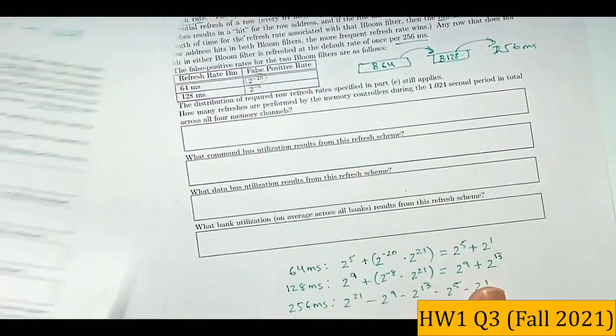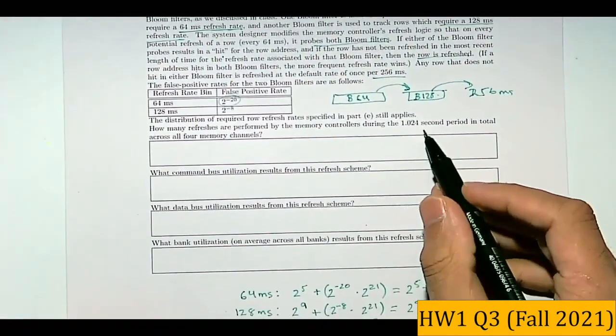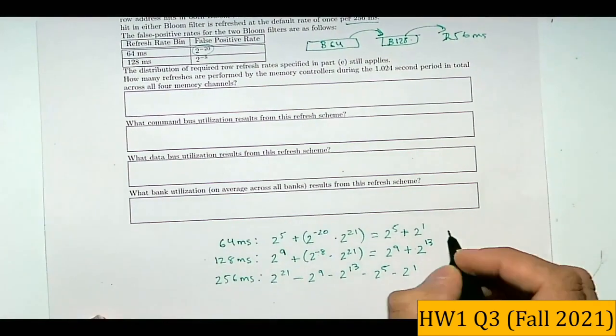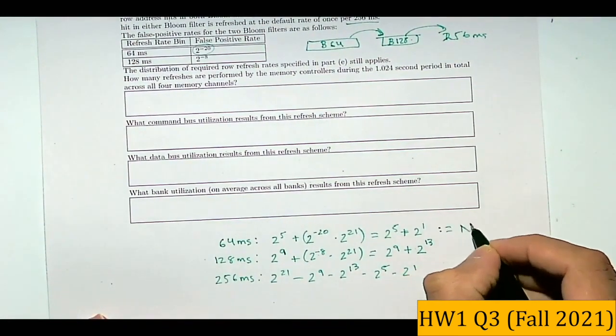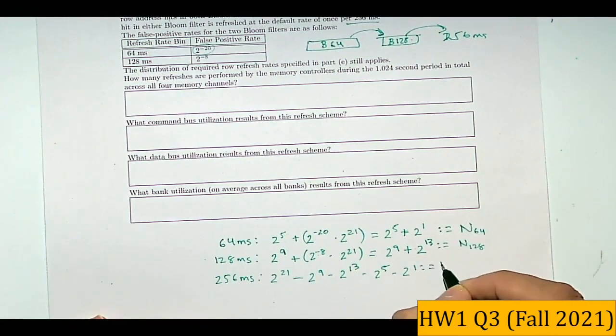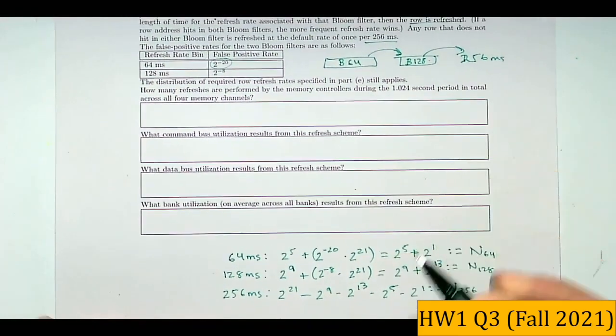And so now we're going to do the same thing as before, except now instead of these values as a number of rows, we have these values. And again, for simplicity, I'm going to define that this is going to be called N64, this is N128, and this is N256, just to save some time here.